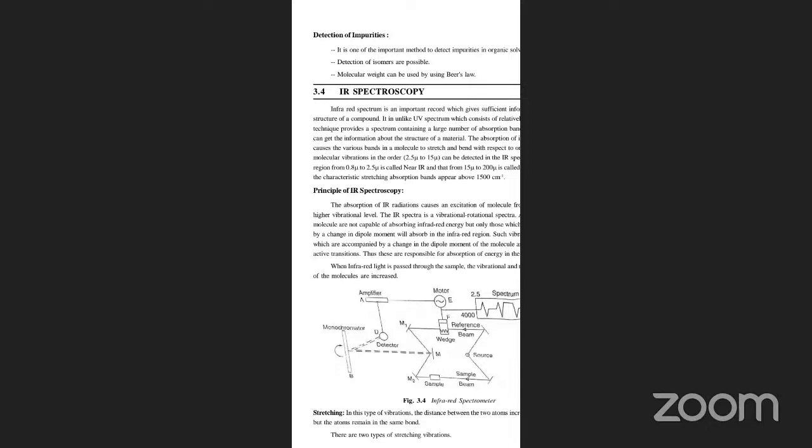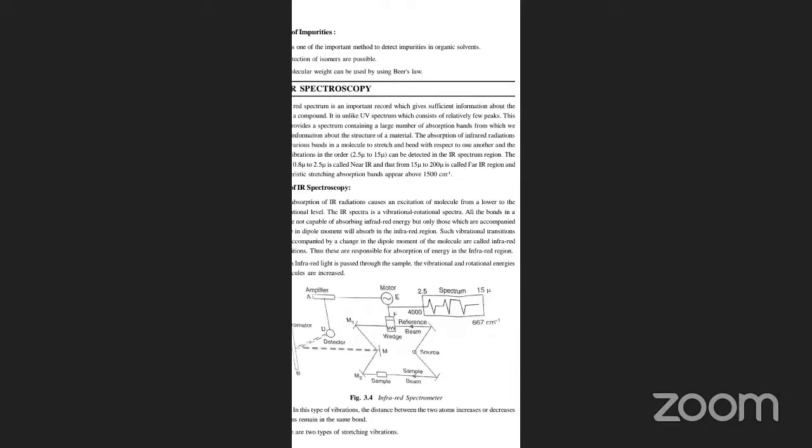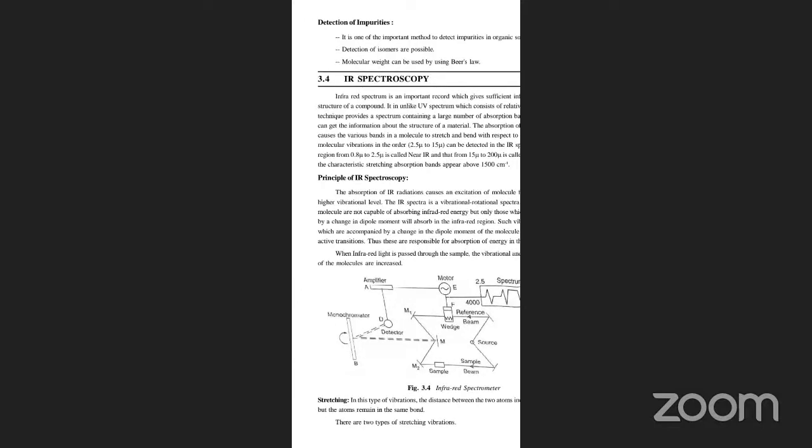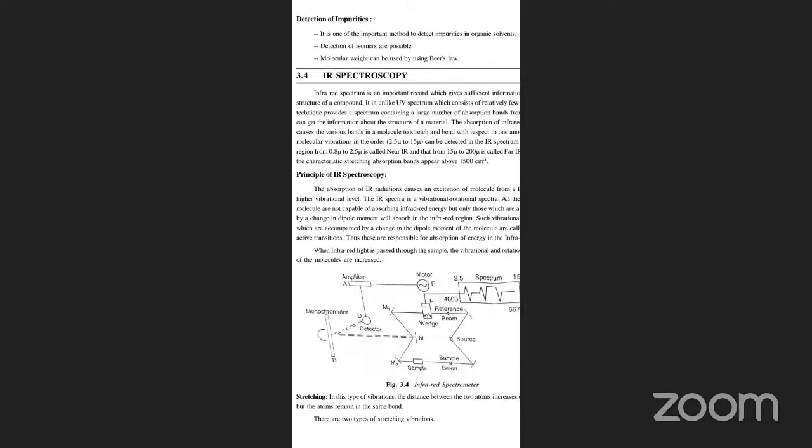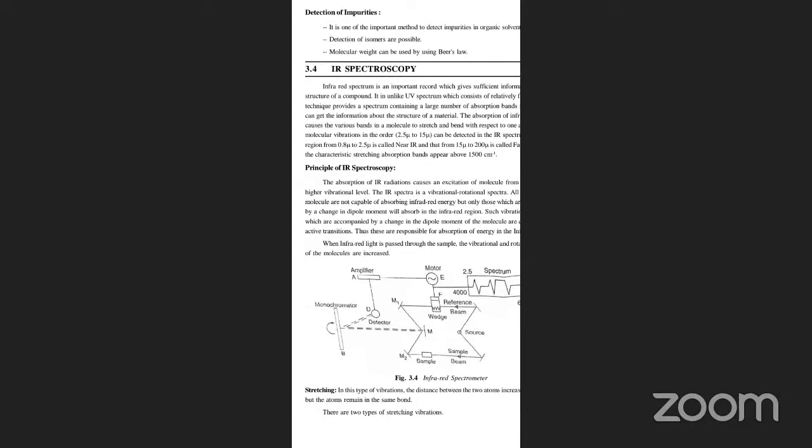Such vibrational transitions which are accompanied by a change in the dipole moment of the molecule are called infrared active transitions. Thus, these are responsible for absorption of energy in the infrared region. When infrared light is passed through the sample, the vibrational and rotational energies of the molecules are increased.